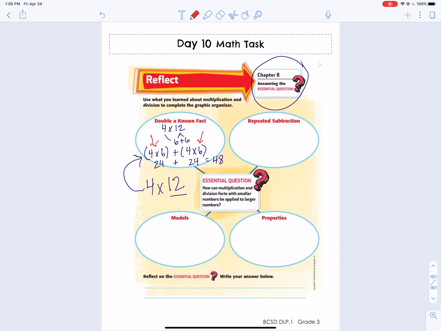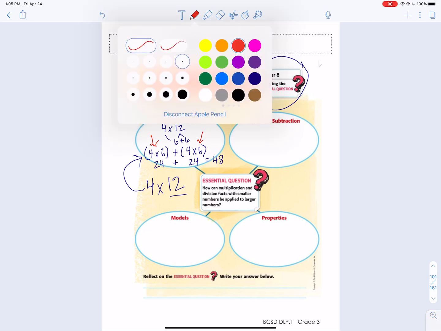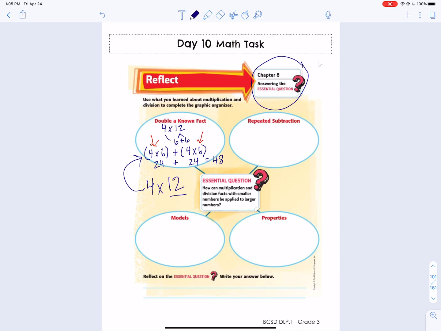Okay, moving on to repeated subtraction. First of all, we have to figure out what math fact we would be doing if we're doing repeated subtraction, because we started off with a multiplication fact, right? Remember, division is just multiplication kind of backwards.